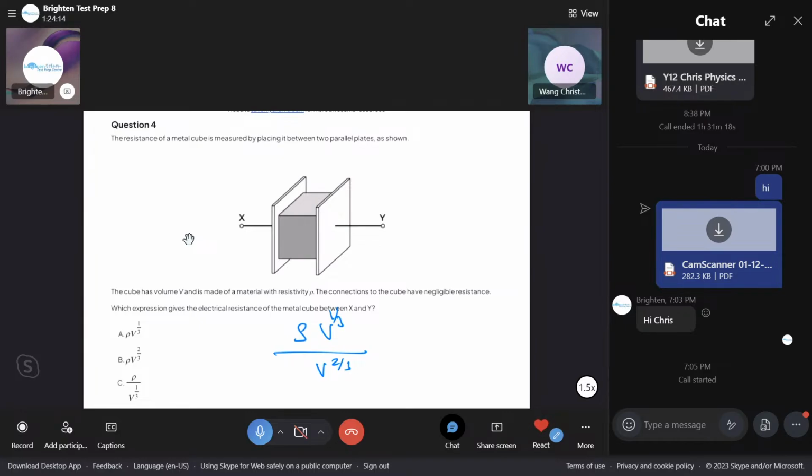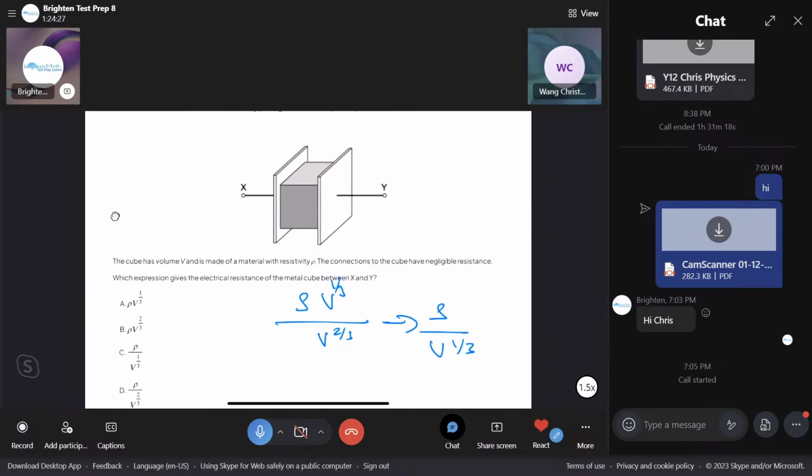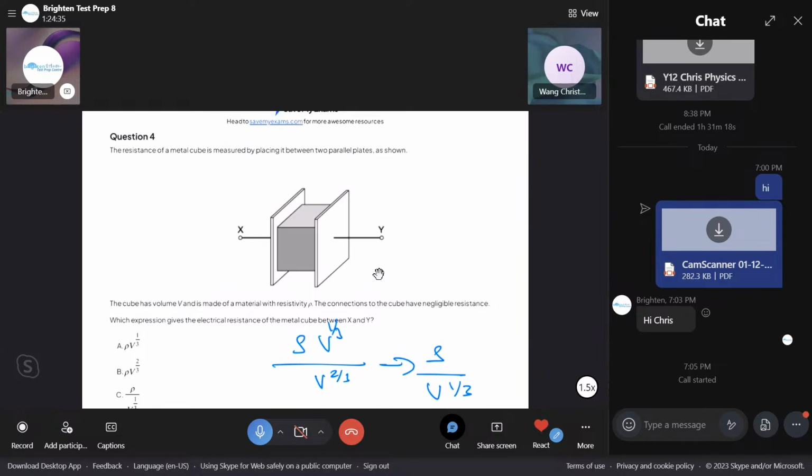Okay. Then after simplification it is just rho over V to the power of 1 over 3. Exactly. And how do you come up so fast with the volume? Because it's a cube, so the length would just be the volume rooted by the power of 3. Okay. Yep. Good one.